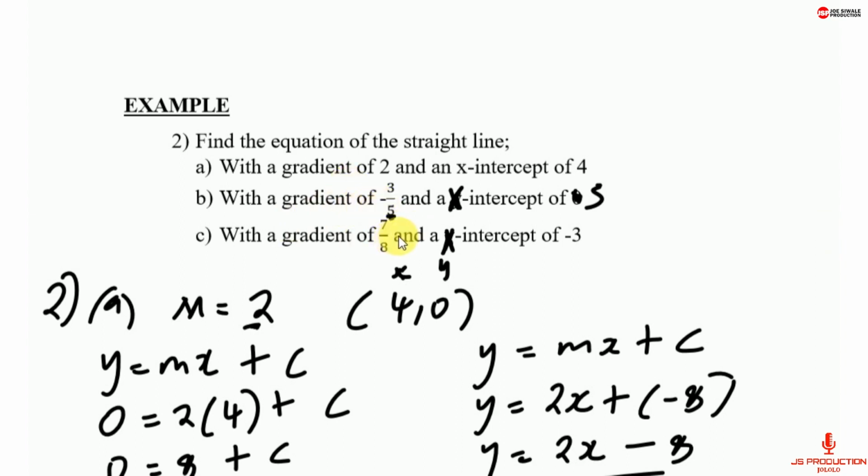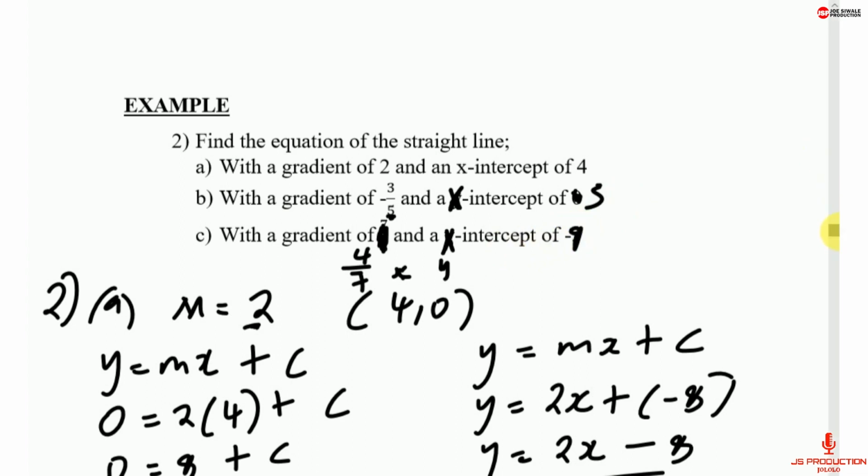Sorry, there was a mistake with this question. The question is supposed to be 4 over 7, then we have negative 9. I'm sorry about that.